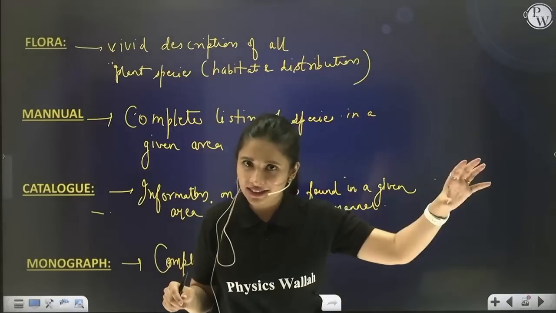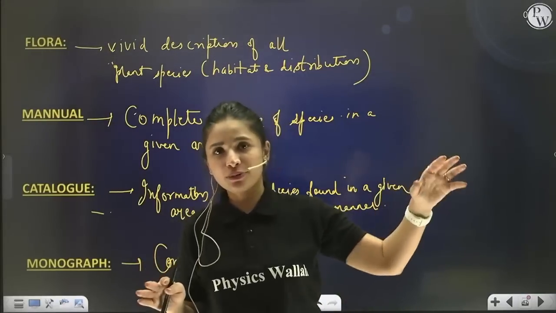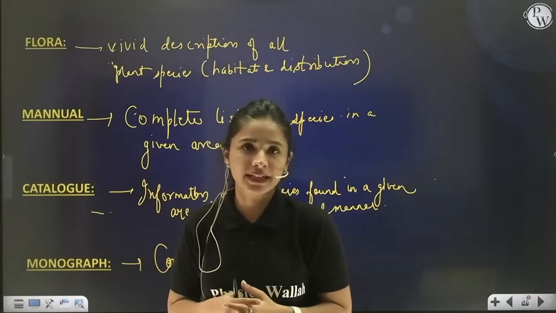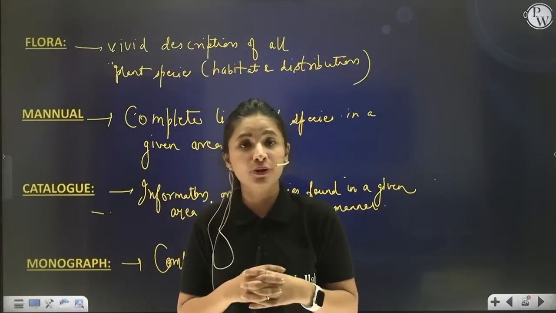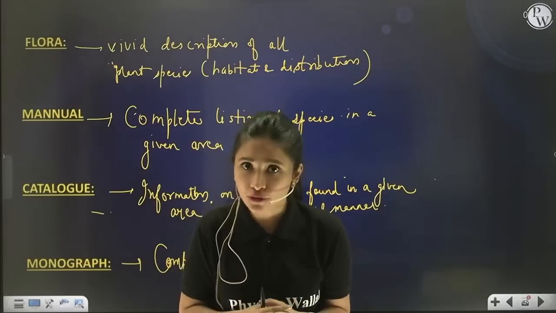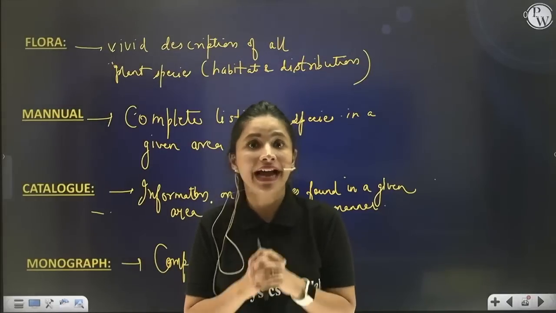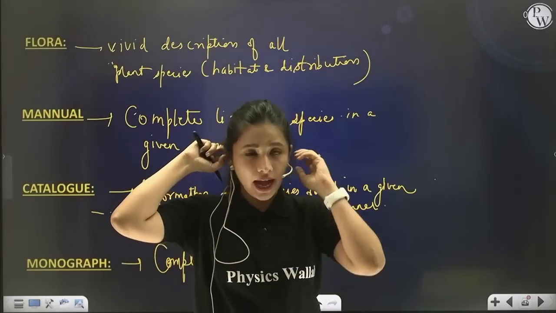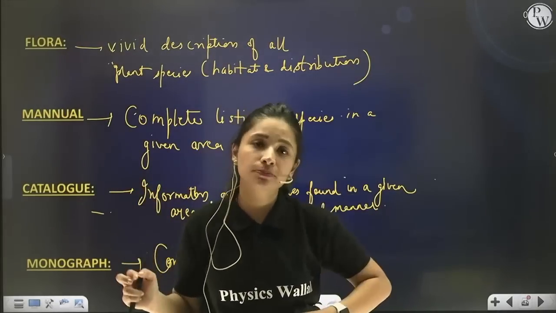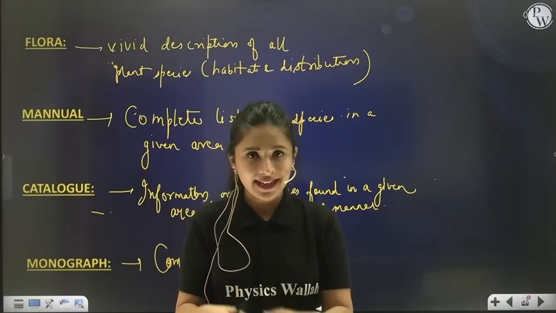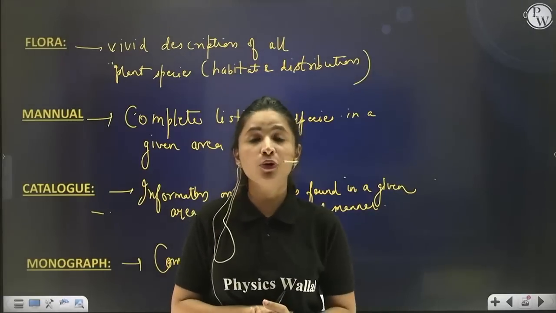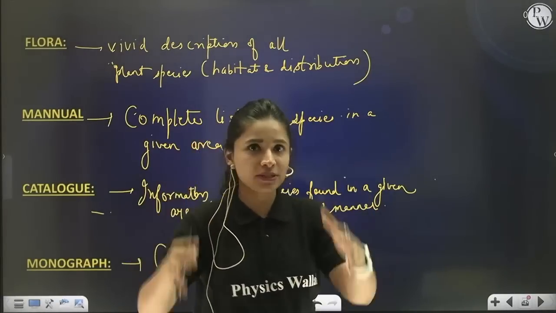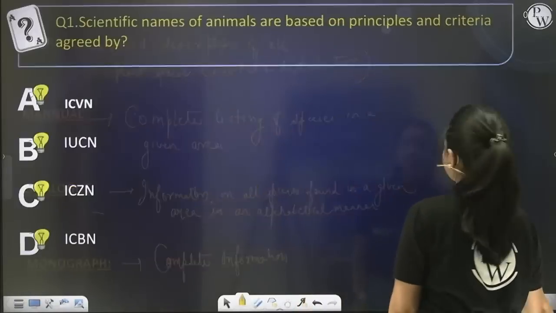We started by distinguishing between living and non-living. Then we started with the topic diversity. Then you studied taxonomy, rules of nomenclature, taxonomic categories, and finally taxonomical aids. I hope you have understood this part. If yes, then let's do some questions just to ensure that your concepts are clear.